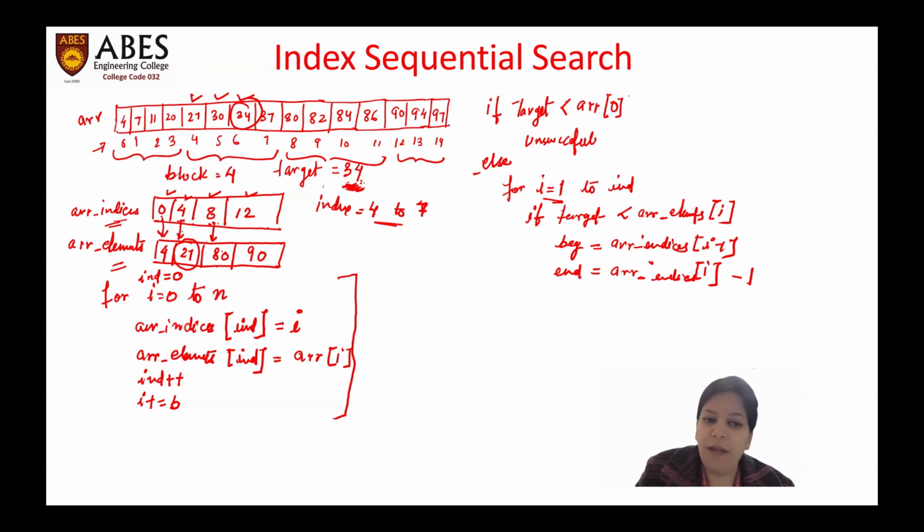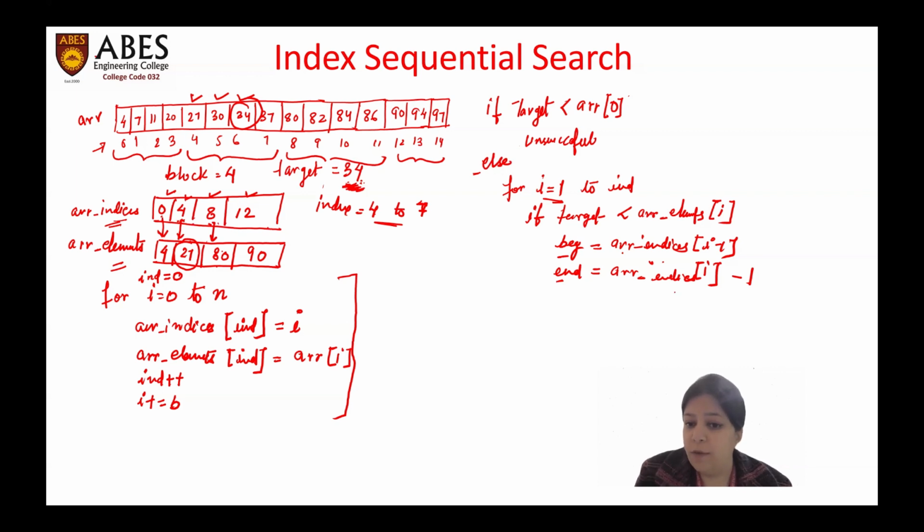So for this, we have taken two variables: beginning, that will store the array index which is the starting index of the previous block, and another variable end, that will store the last index of the previous block.